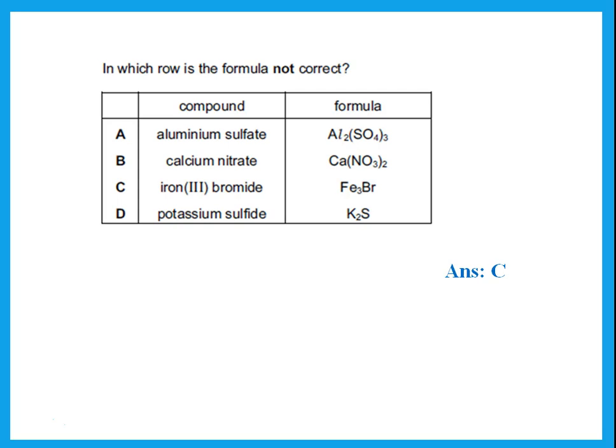Calcium nitrate, that is correct. Potassium sulfide, that is correct. But C has iron 3 bromide. When I say iron 3 bromide, that means that the valency of the iron is 3, and we said the valency of one goes under the other one. So I'm supposed to put the 3 under the Br, not the iron.